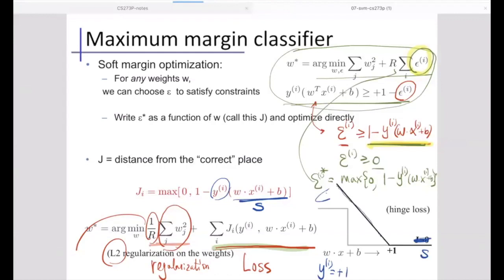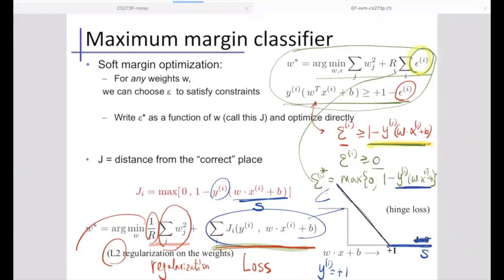So what is it saying? It's saying that if your score is greater than 1, in this loss function term, then the loss is 0. Why is that? Because if your score is greater than 1, then 1 minus the score is negative, and the maximum between 0 and a negative number is 0. So your loss will be 0.